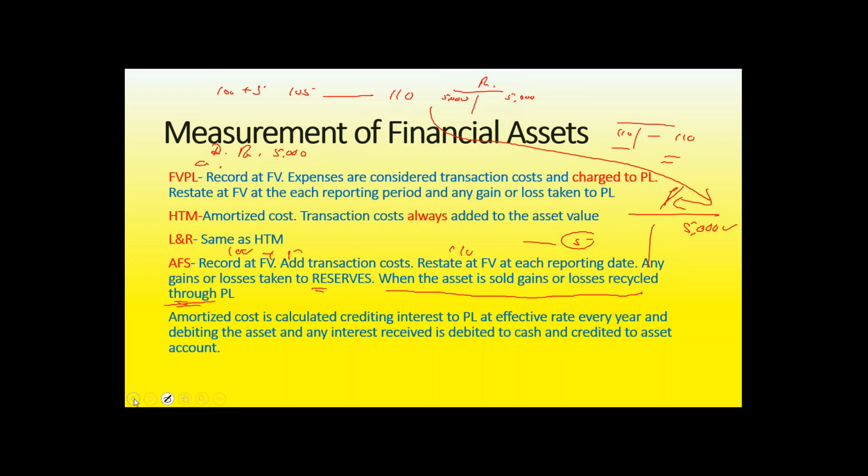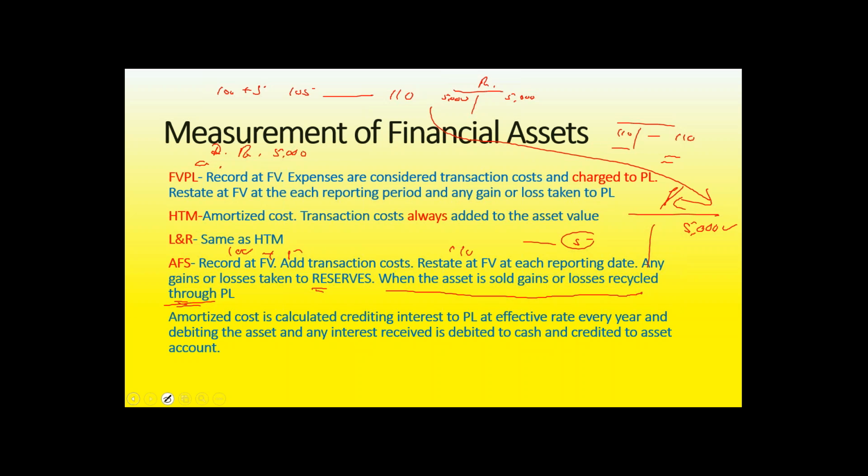Why can't that be put into retained earnings? The P&L means retained earnings. At the end, the P&L balance goes to the retained earnings. So you don't just transfer it to the retained earnings, you transfer it to the P&L and then to the retained earnings.